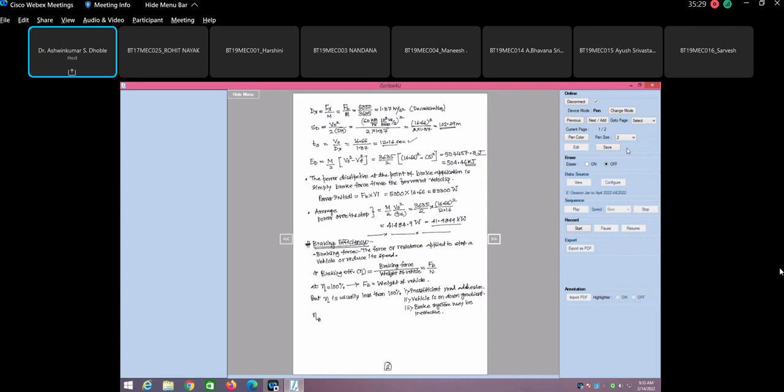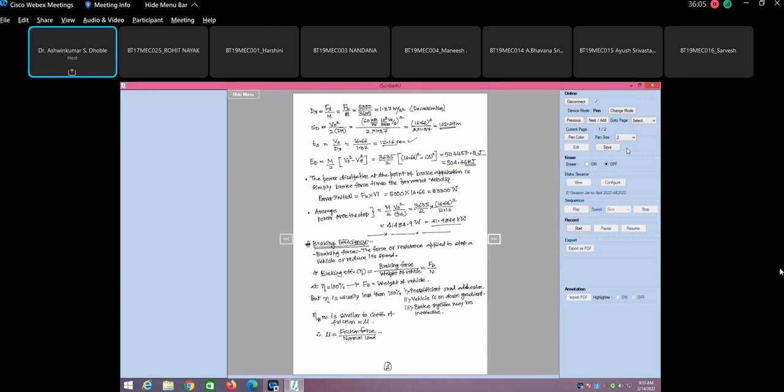So eta braking is basically similar to coefficient of friction, that is mu, because your mu is equals to friction force divided by normal load.